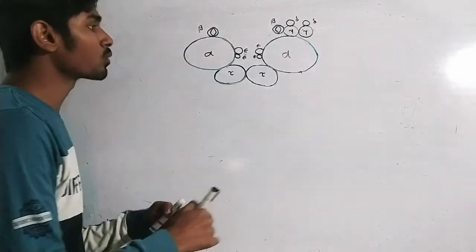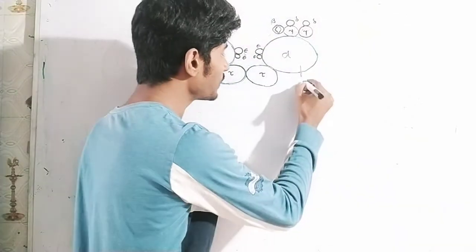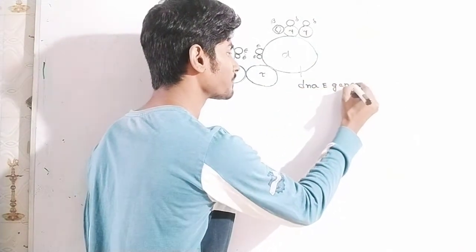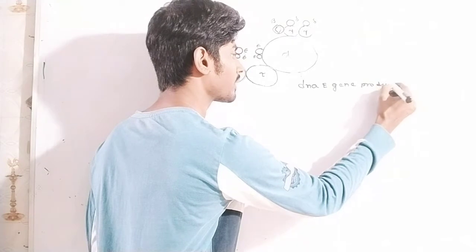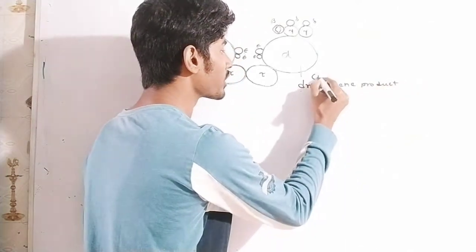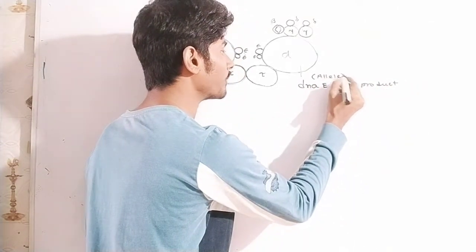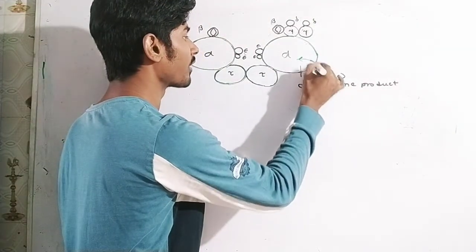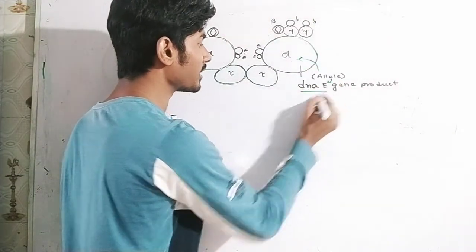Now let us talk about the subunits in detail. The alpha subunit is a DNAE gene product. Now you can remember this by this word allele. A means alpha and E means DNAE.